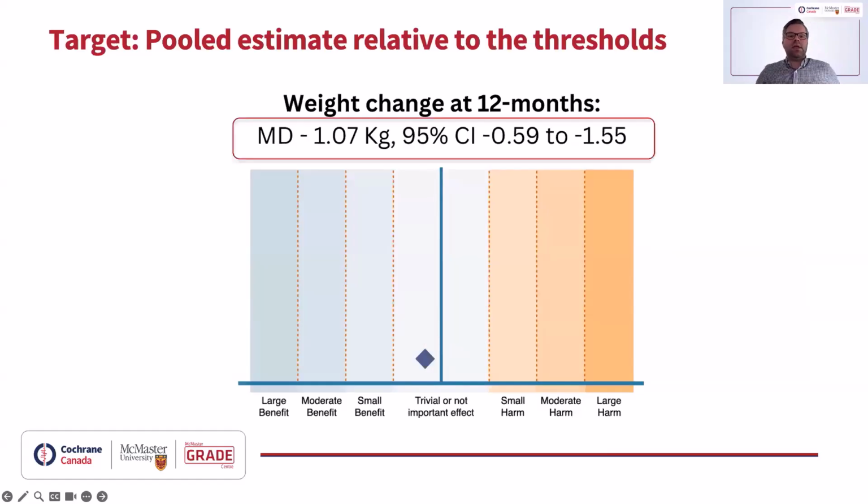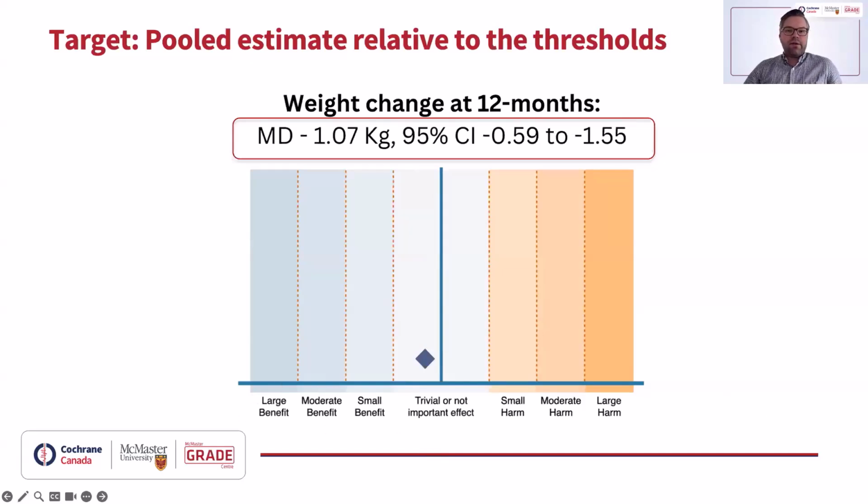So the thresholds, and the relation of the effect to the threshold, are all to do with our pooled effect from a systematic review in relation to the thresholds that we set for what is a trivial, small, moderate, or large effect in terms of benefits or harms.